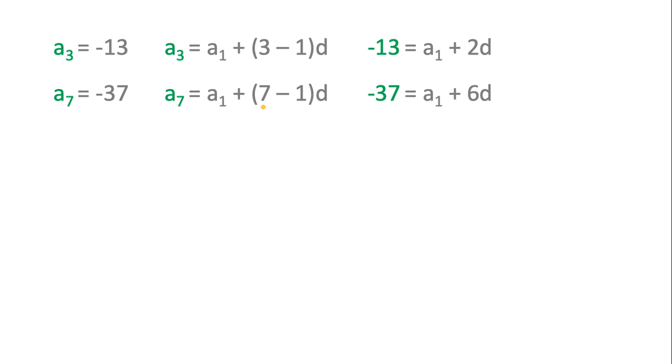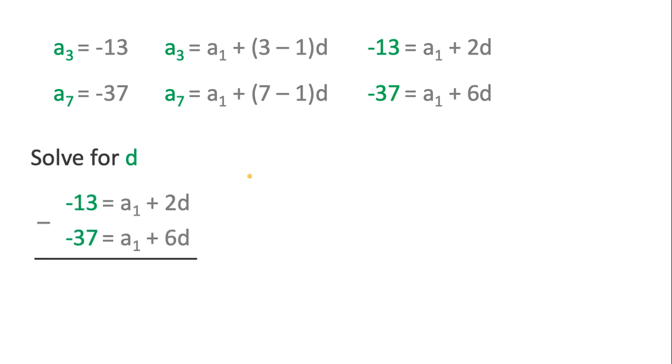Now let us solve for d by subtracting both formulas. Negative 13 is equal to a sub 1 plus 2d minus negative 37 is equal to a sub 1 plus 6d. Remember again the rule in subtraction. We need to change the sign of the number to its opposite sign.